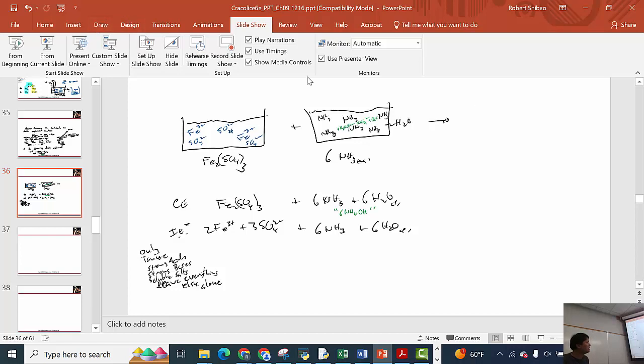Okay, then we're going to mix these together, and what do we form? We're going to form a precipitate of iron 3 hydroxide.